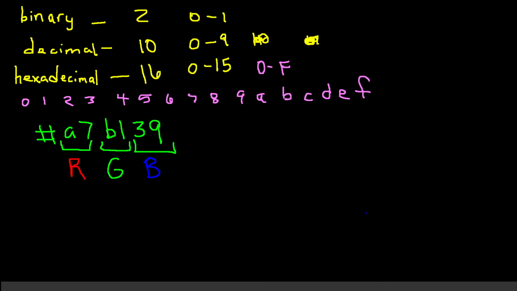And they allow us to represent numbers from 0 to 255. So that's 0 to 255 red, 0 to 255 green, and 0 to 255 blue.